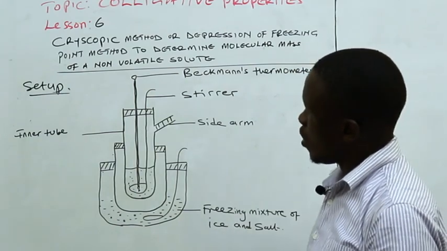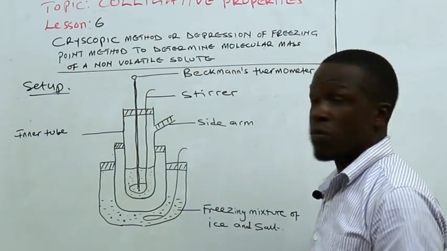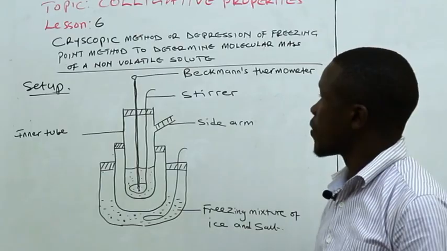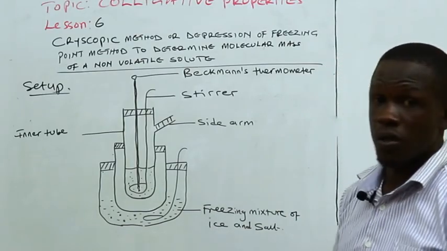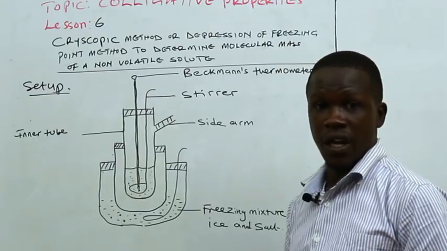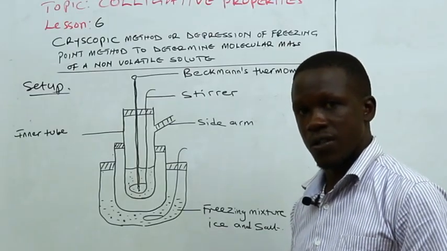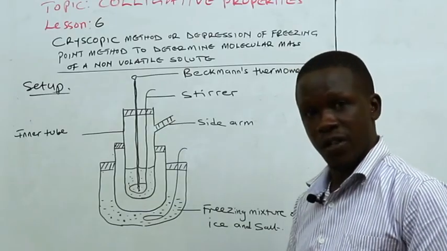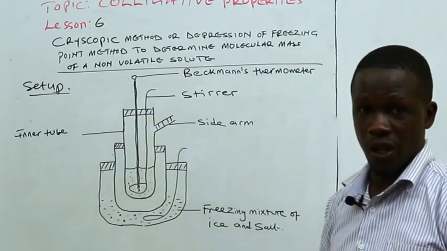And then in the inner tube, we have what we call the Beckman thermometer. This is a special form of thermometer that can detect very small changes in temperature.